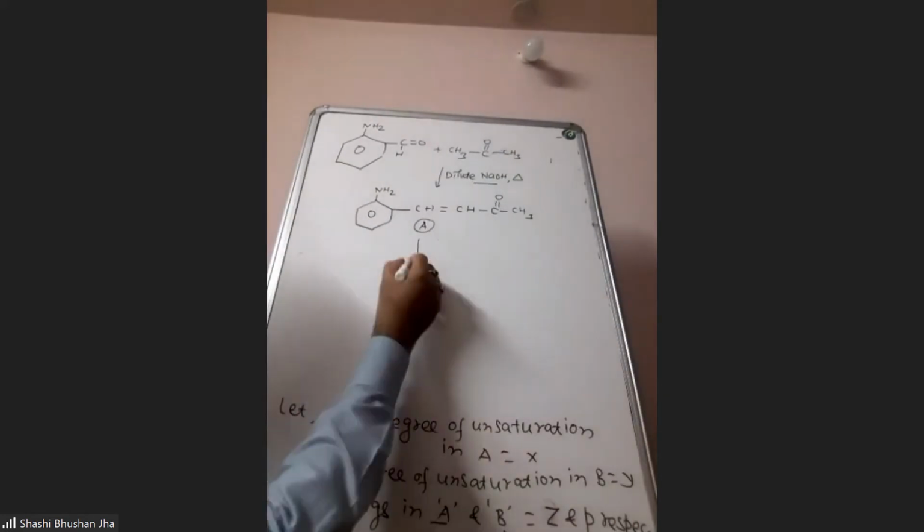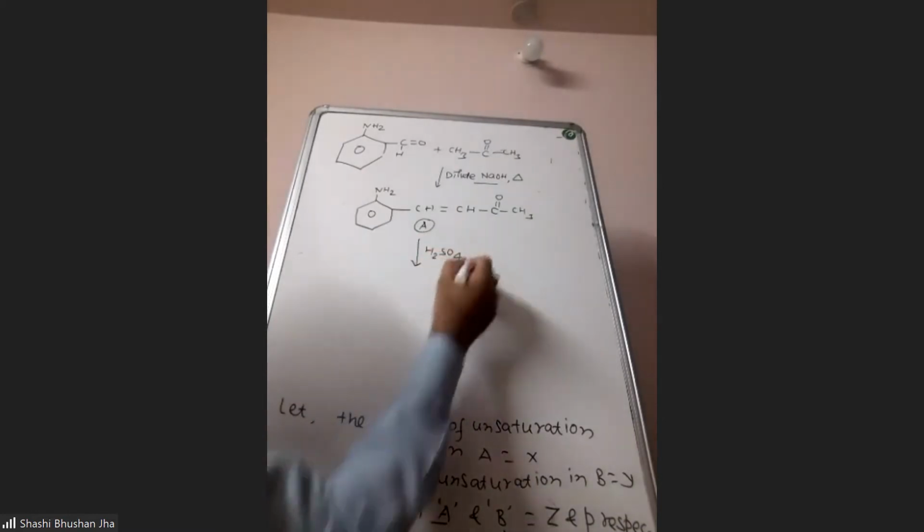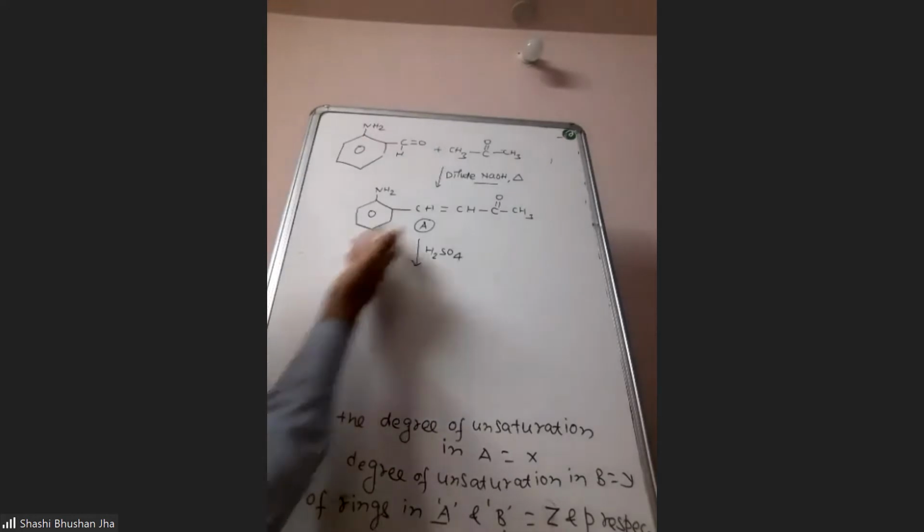So now it is reacted with a catalytic amount of sulfuric acid. What reaction will happen here? The amino group and C=O will react to give C=N double bond. That is the simple reaction of addition of an ammonia derivative on a carbonyl compound in the presence of acid catalyst.